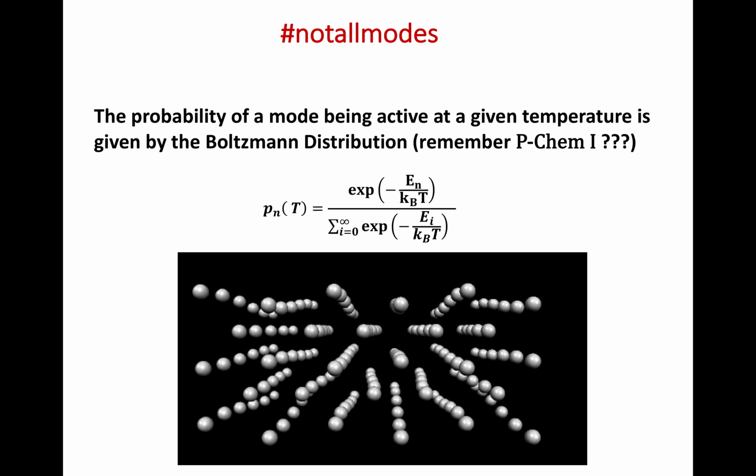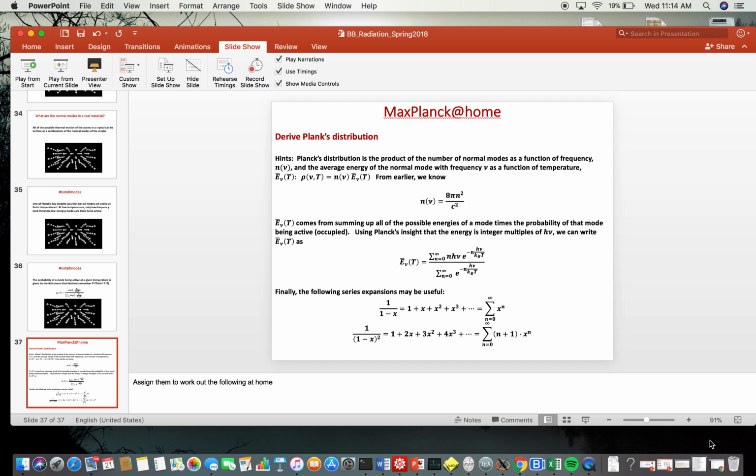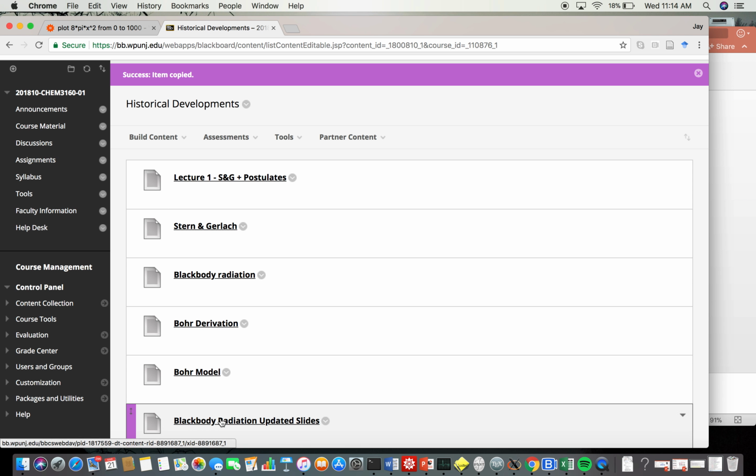Okay, so that's it. If you are very interested in deriving Planck's blackbody law, there are some notes to help you do so. All of these notes, by the way, are up on Blackboard under Blackbody radiation updated slides.